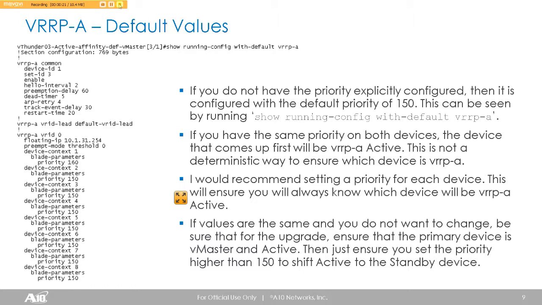If you run the command show running-config with default VRRP-A as shown, you will see the output for the ACOS device context with a default priority of 150 for those that have not been explicitly configured. I would recommend setting the priority explicitly to a value other than 150 to ensure that you are in control of the VRRP active device and can see the value in the configuration.